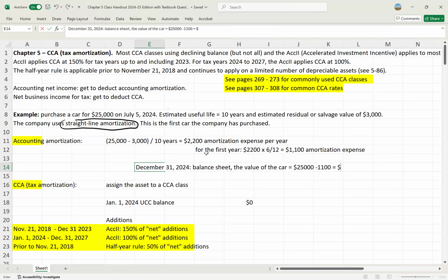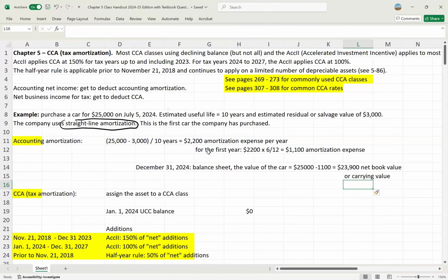And so the value of the car on the balance sheet would be $23,900. This again was known as the net book value, or also known as the carrying value. That's the value of the car that's left to still take amortization on. So that's what we would do for accounting purposes.